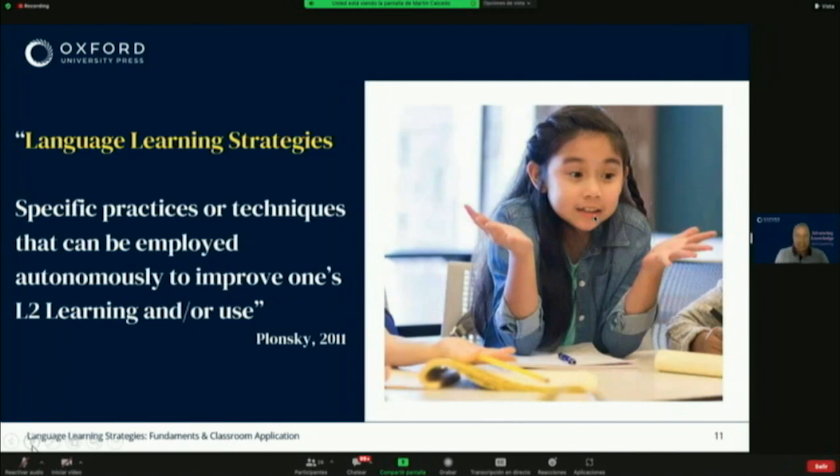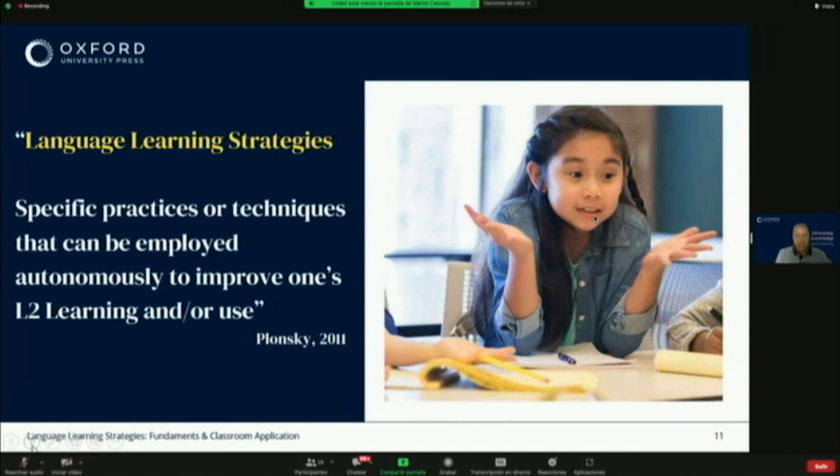These are the fundamentals of a strategy. Why? Because I know when to use them, I'm aware of when to use them, and I can use them on my own. So if everything is autonomous, what is our role? We need to train them. We need to teach them. We need to show them what those strategies are.